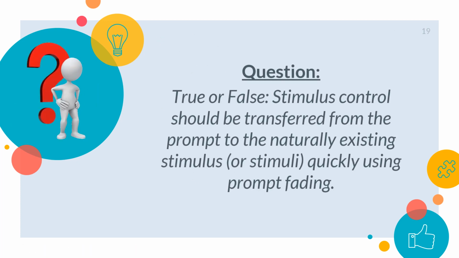On your homework sheet, fill in the following question: true or false? Stimulus control should be transferred from the prompt to the naturally existing stimulus or stimuli quickly using prompt fading. I'll now give you some time to get that question filled in.